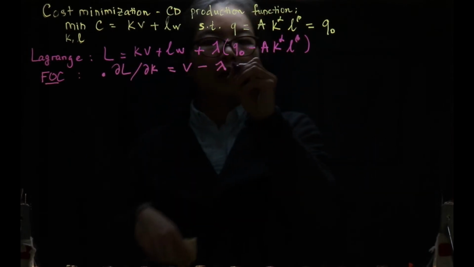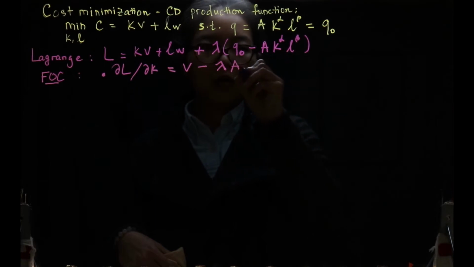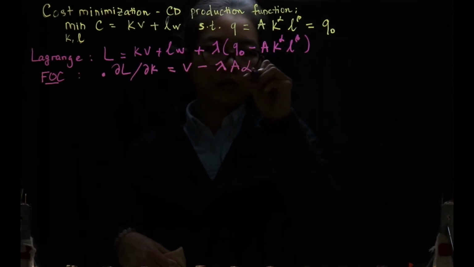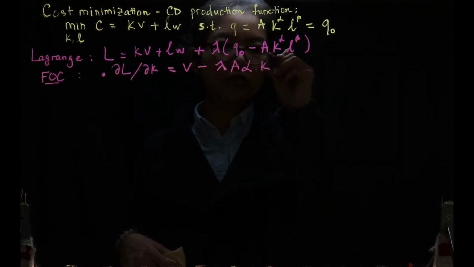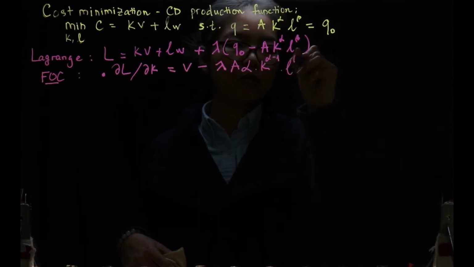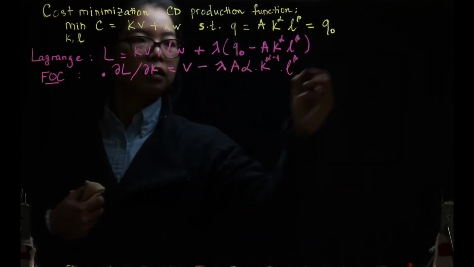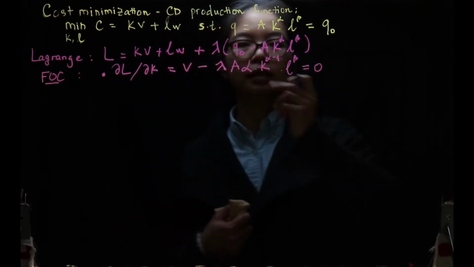A is a constant, K to the power of alpha, so alpha times K to the power of alpha minus 1 times L to the power of beta, equal 0, right?